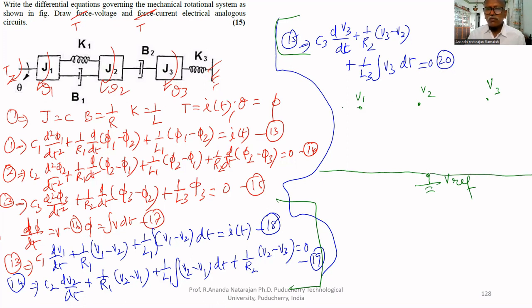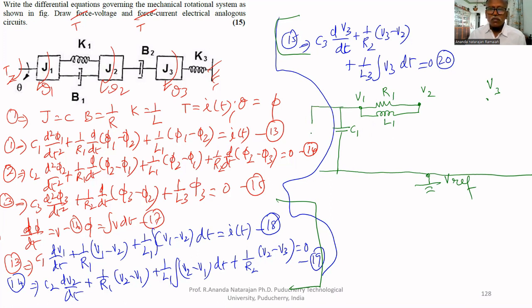So from V1 we draw C1 to the reference. Then R1 is between V1 and V2, and L1 is between V1 and V2. Then I of t is the applied current across V1.